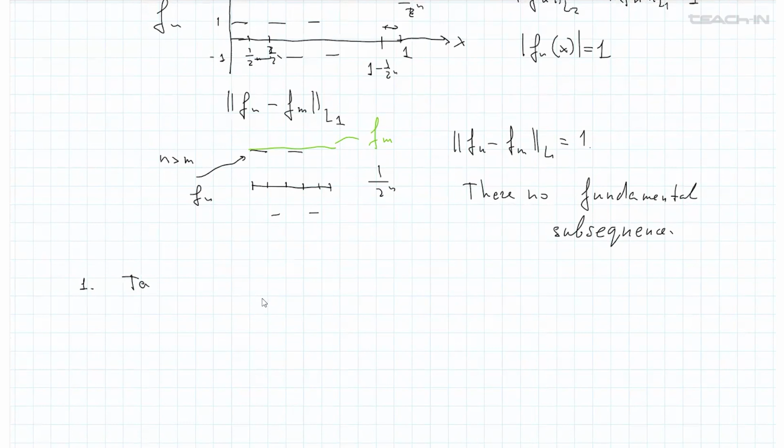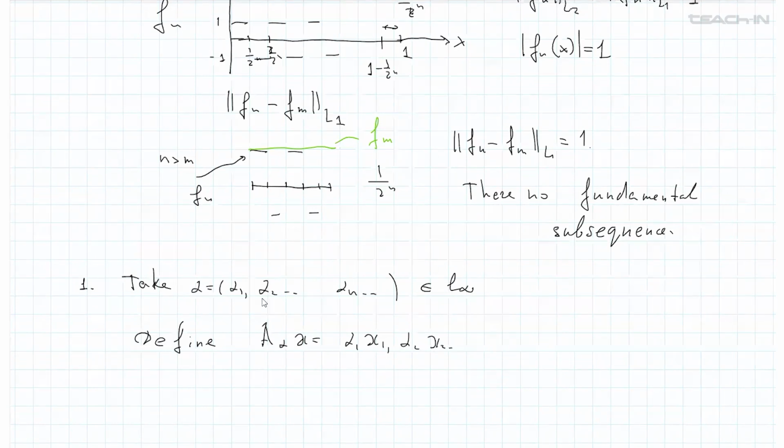Take alpha equals (alpha_1, alpha_2, ..., alpha_n, and so on) from L infinity, and define the operator of multiplication: alpha x equals (alpha_1 x_1, alpha_2 x_2, ..., alpha_n x_n, and so on), a diagonal operator. Let's consider it in L2. You can consider it in any L_p, in L2. Find the norm.